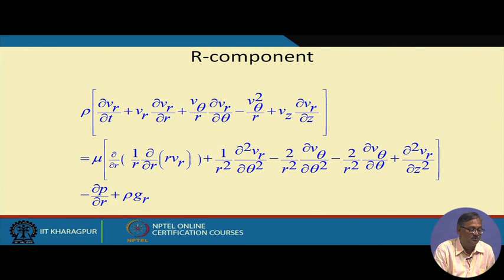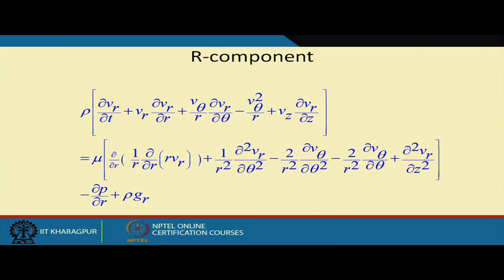Here one thing, the rho g r, that is the gravitational g r component, since r is there, we assume that g r is negligible and the g r component is not there.